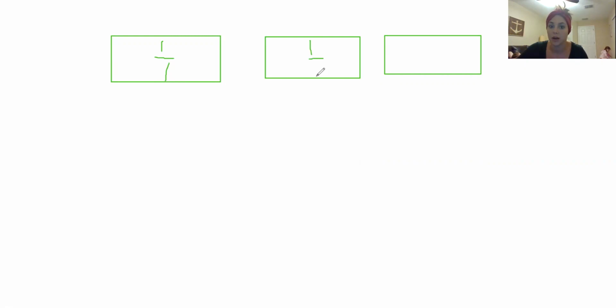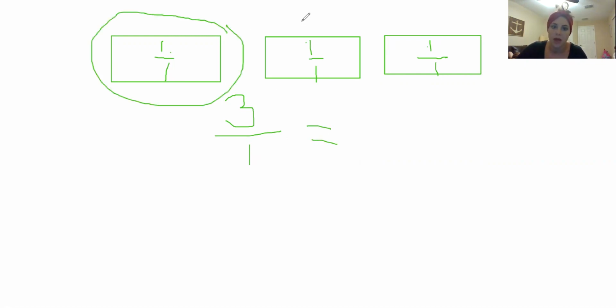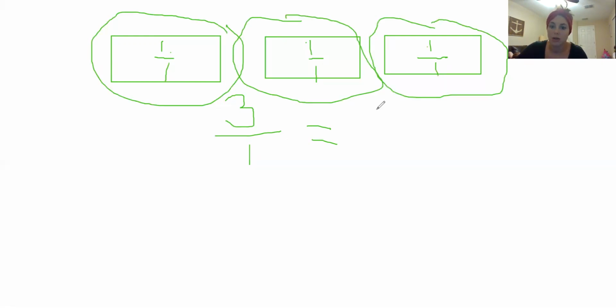This is one part out of one part that makes a whole. And this is one part out of one part that makes a whole. And if I were to count that, I could say I have 1, 2, 3 wholes, and 1 part makes a whole. So I have 3 out of 1, or 3/1, and that would be 1, 2, 3 wholes.